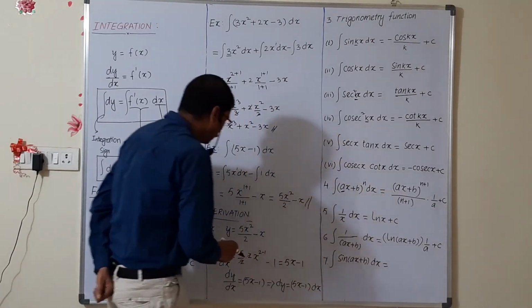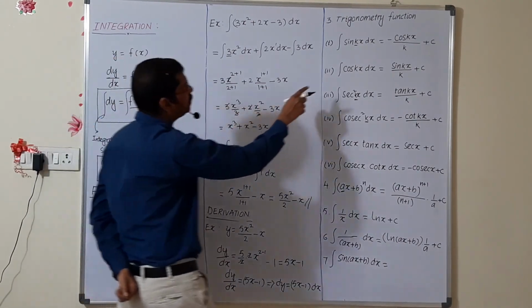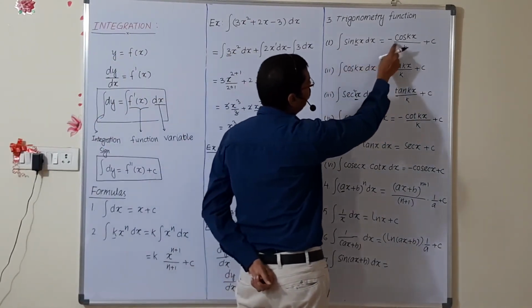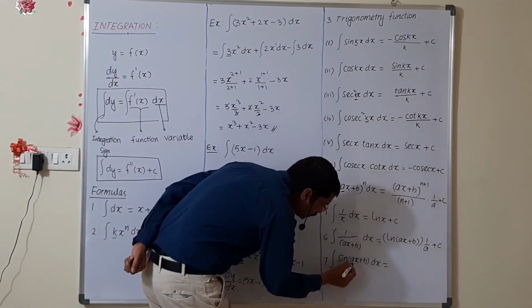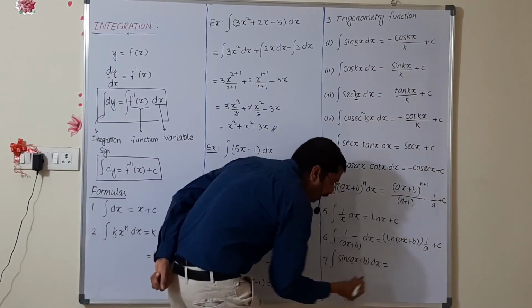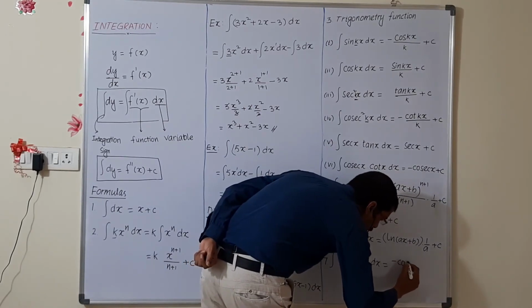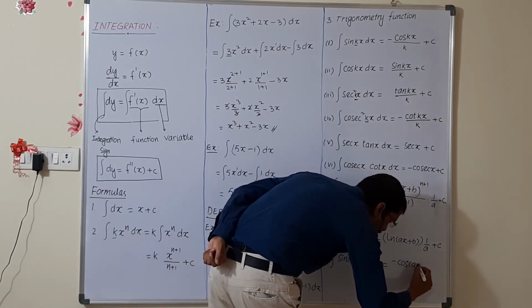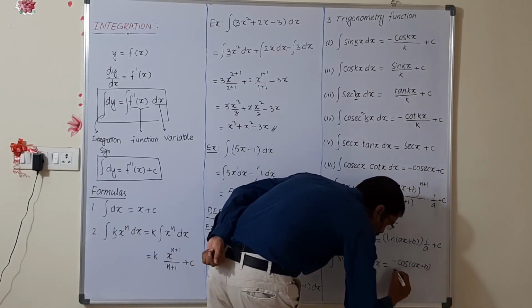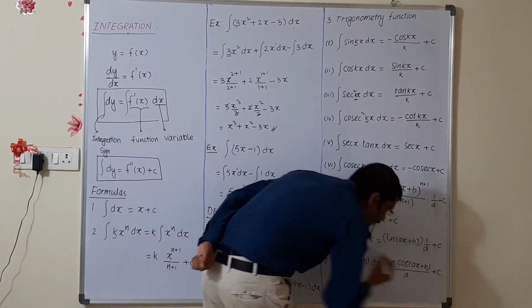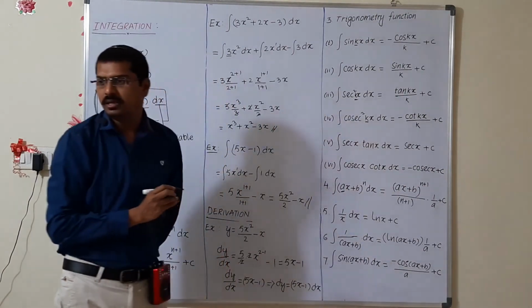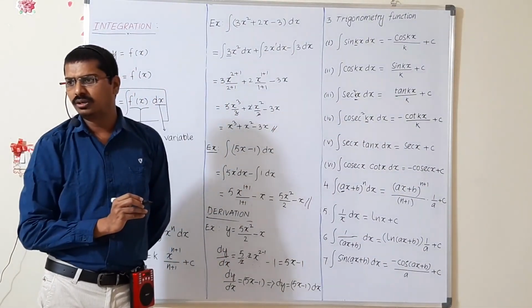Integration of sine as it is, we write it. Integration of sine is minus cos. Then a is a constant, so the constant is divided: minus cos(ax plus b) upon a, plus c. As it is we have to write, no need to change it.